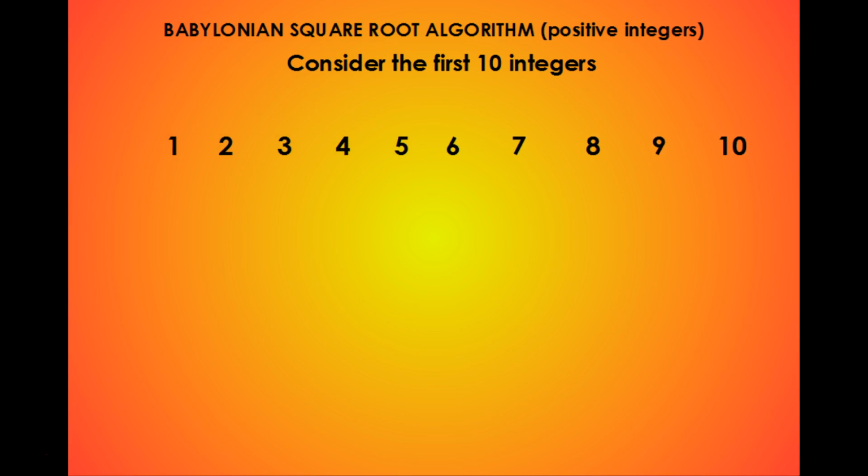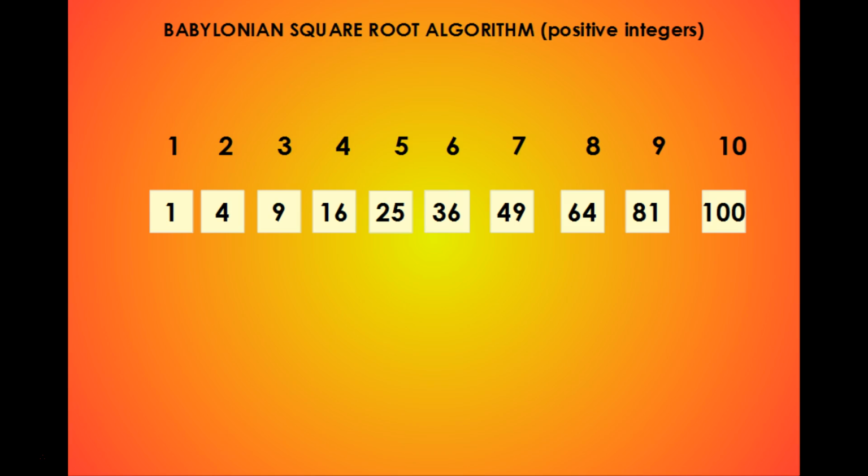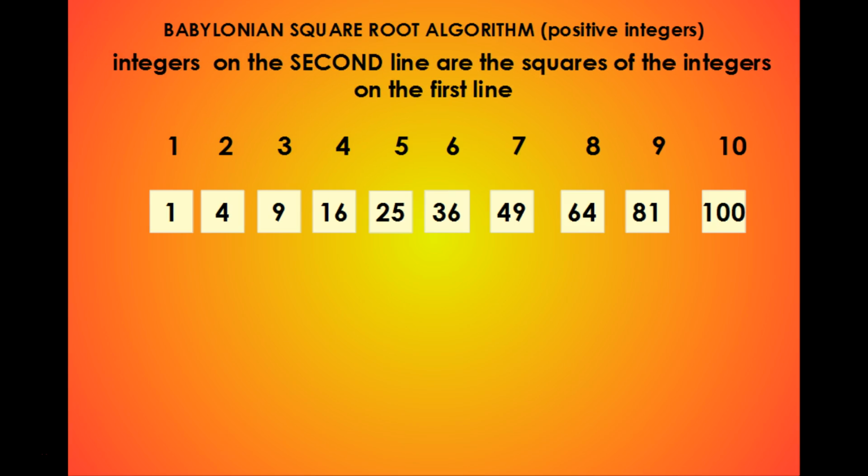If we square each integer, we'll produce the list on the second line appearing here. For instance, 8 squared is 64, 9 squared is 81. You may remember this from your times table. So integers on the second line are the squares of the integers on the first line.